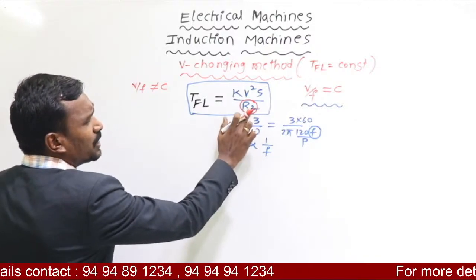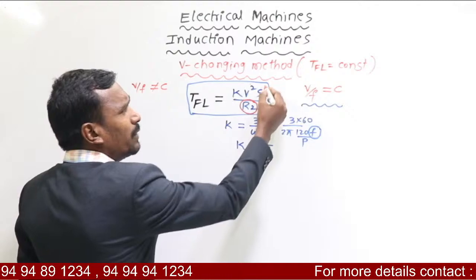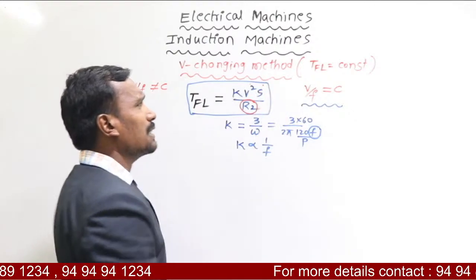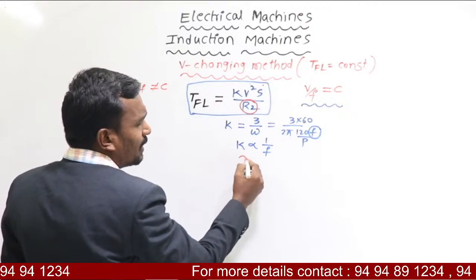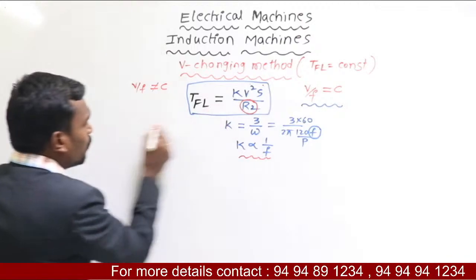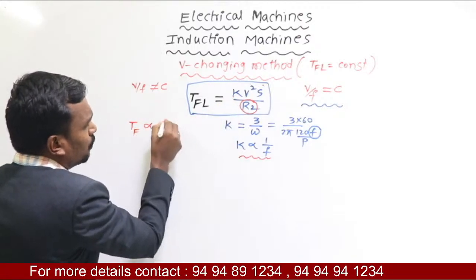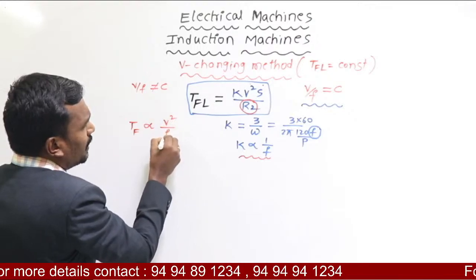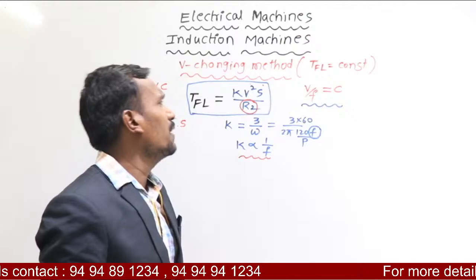Now I am changing the voltage. When voltage changes, the slip also changes. K is nothing but a frequency in the denominator. So tell me what happened? The full load torque is directly proportional to V square by F into S.